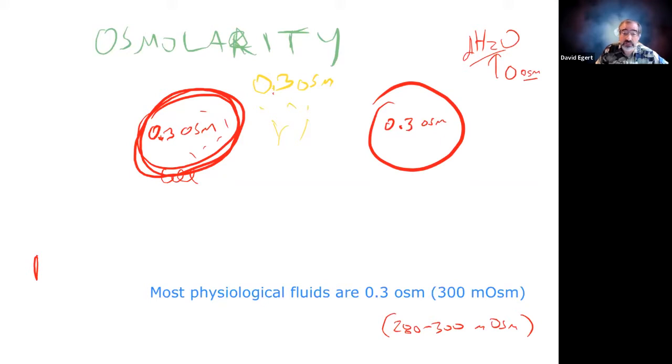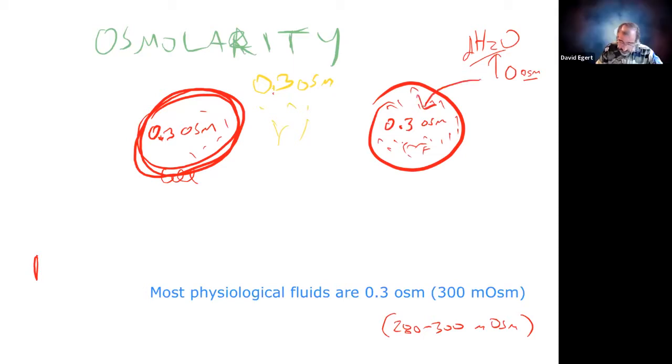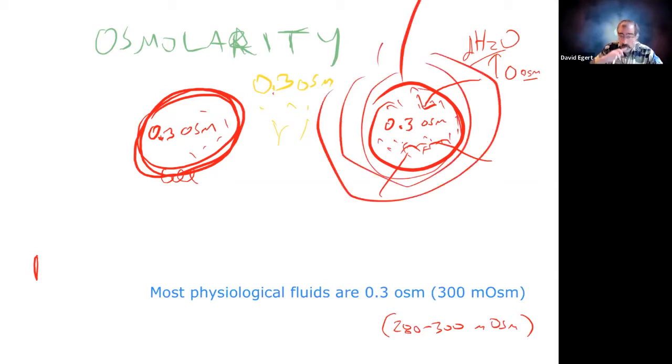So if I have zero outside, but 0.3 osmolarity inside, which way is the water going to go? In. I always think of the saltier places sucking up the water. Water tends to get drawn into the higher osmolarity. So this is probably going to pop.